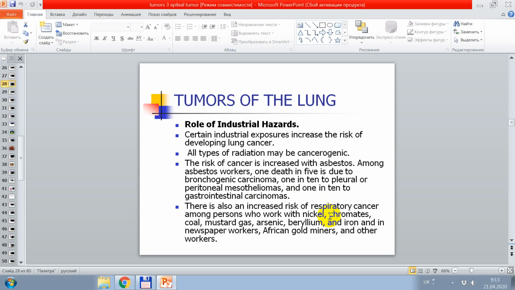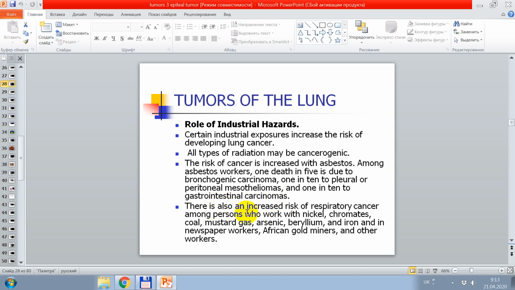Role of industrial hazards. Certain industrial exposures increase the risk of developing lung cancer. All types of radiation may be carcinogenic. The risk of cancer is increased with asbestosis. Among asbestos workers, 1 death in 5 is due to bronchogenic carcinoma, 1 in 10 to pleural or peritoneal mesothelioma, and 1 in 10 to gastrointestinal carcinomas.